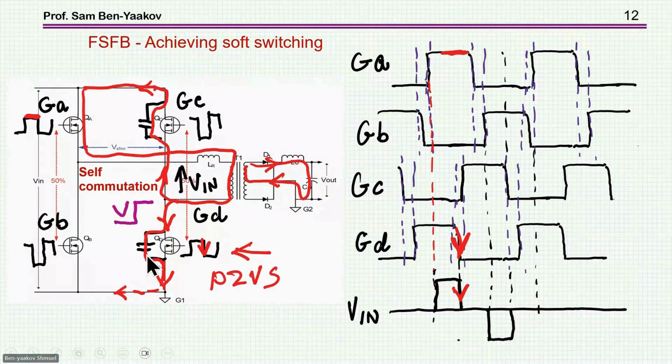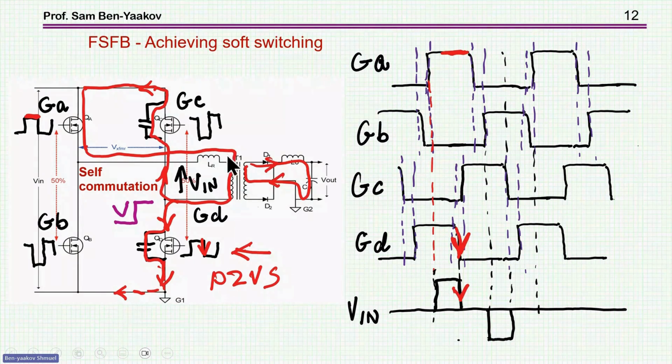Now, which is different now from PWM, I am only turning off this transistor, okay? When I'm turning it off, and this will be this transition here, then this is the case of a current carried by the transistor and being turned off. So this is what we call a pseudo zero voltage switching.